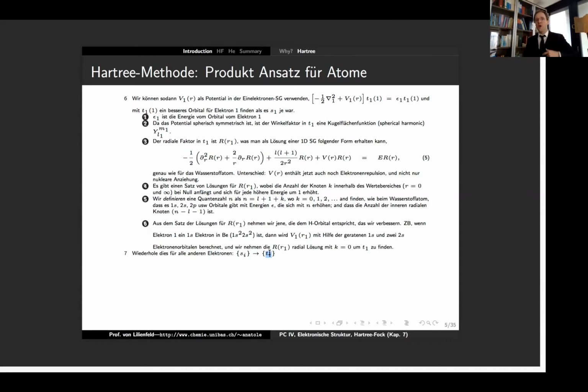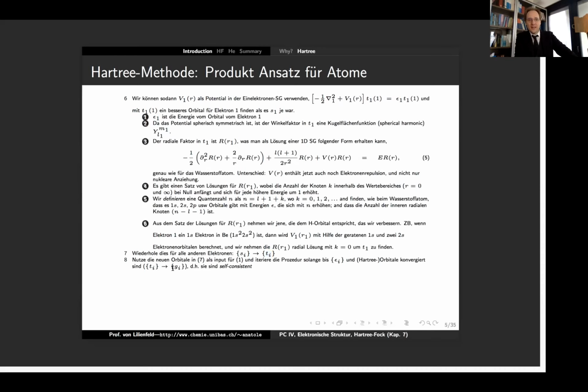So you go for all electrons until you have for all electrons a new orbital t, which has improved your solution. And now you repeat the whole thing. You go back to electron 1, and you get a new bunch of orbitals.